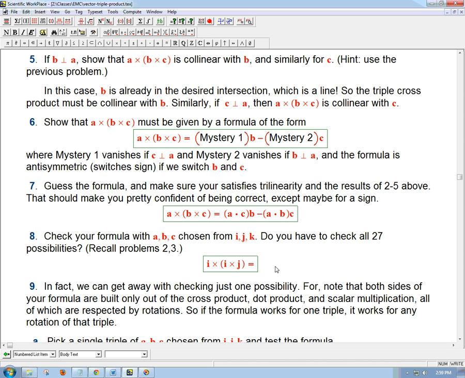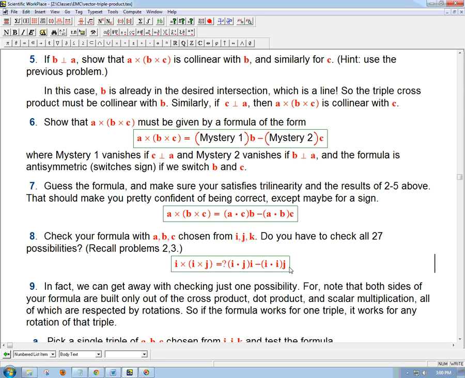Okay, is this equal to? We'll put in the I and then J. And then this is I. And then A dot B is I dot I. And then that's J. Okay.